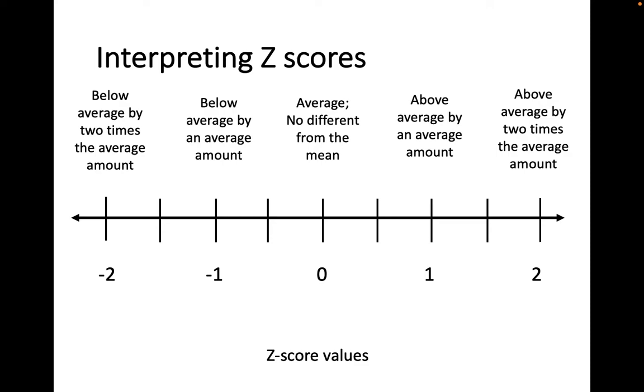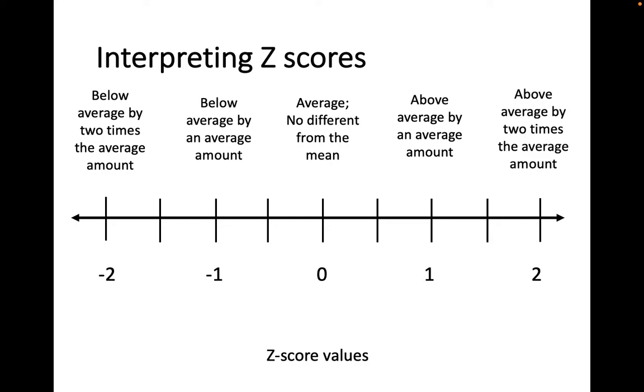Here's a good interpretation guide and a way to think about interpreting z-scores. A score of 0 indicates that the score doesn't deviate from the mean at all. Anytime a score has a z-score of 0, we know that that score is exactly at the mean, so it's average. A z-score of 0 or around 0, close to 0, means that the score is average or right about at average.